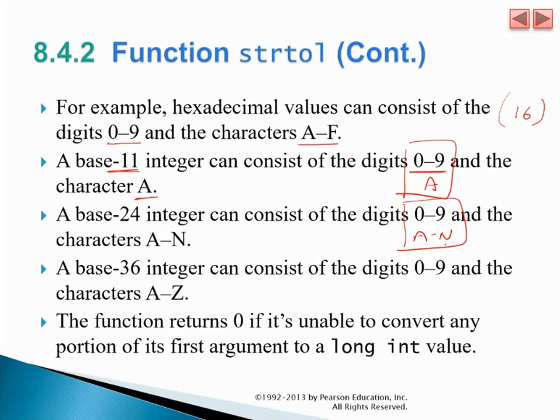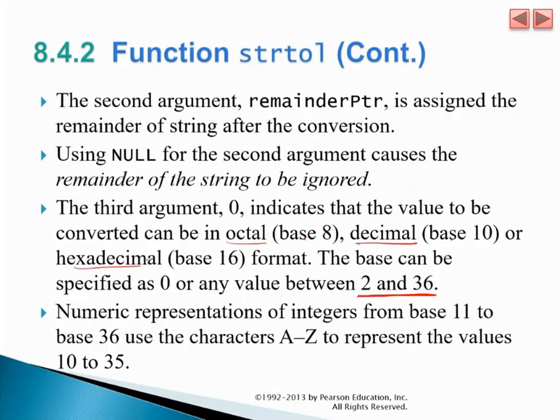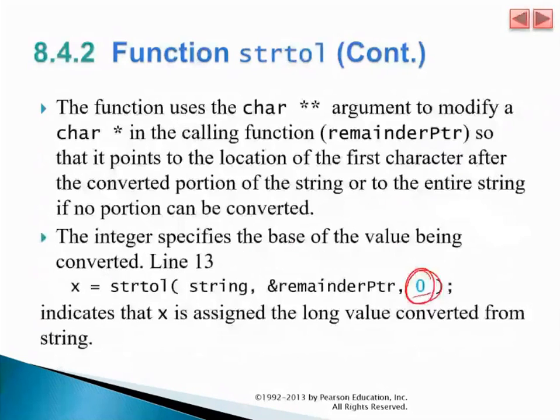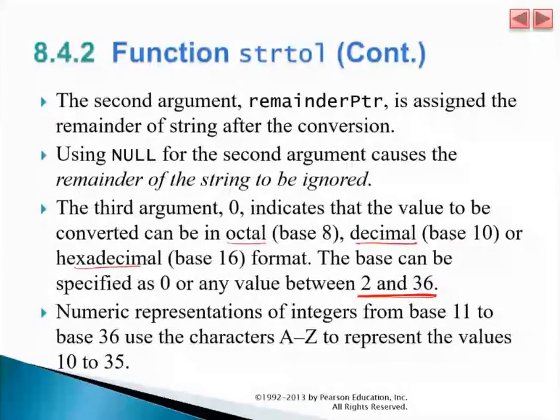You can go up to base 36, because a maximum of 36 digits is possible: A to Z are 26 characters and there are 10 digits. So in the third argument you can give any value from 2 to 36, or you can give 0 to specify conversion in octal, decimal or hexadecimal.